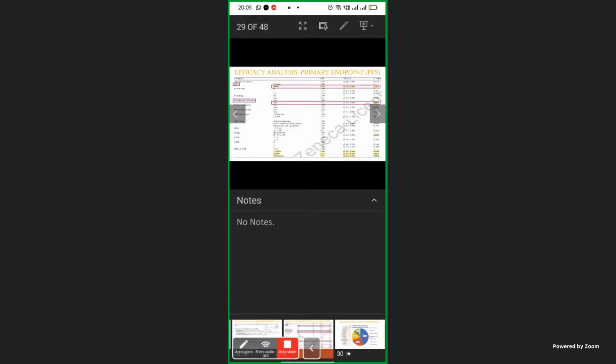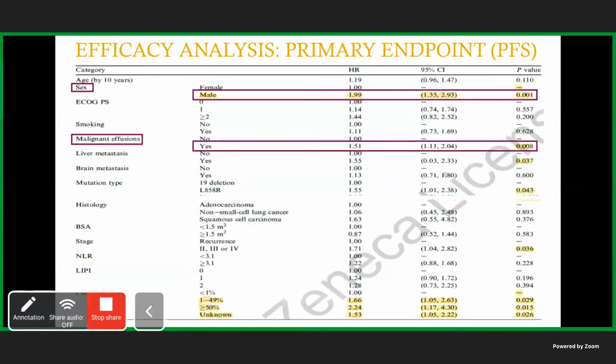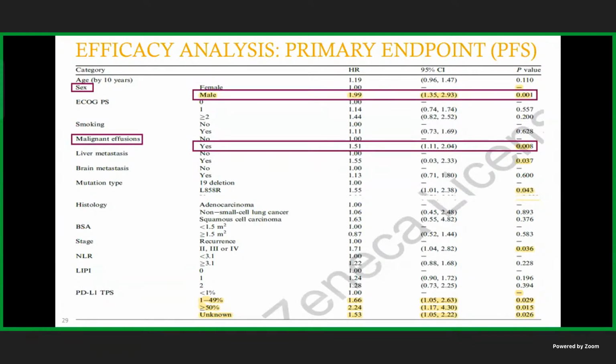My screen is visible. Sir, now visible, now audible. I am audible also, na? Yes, sir, you are audible, sir.